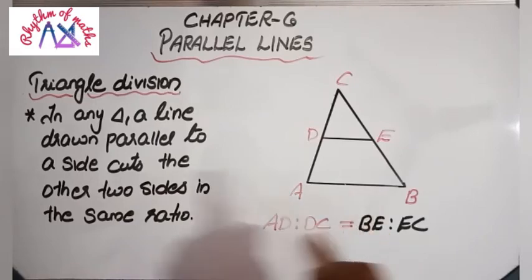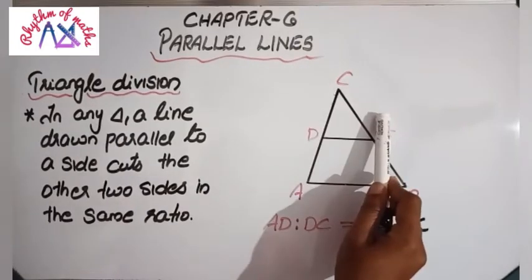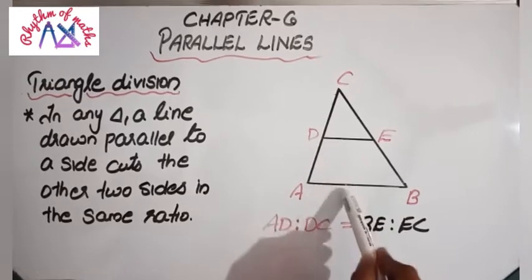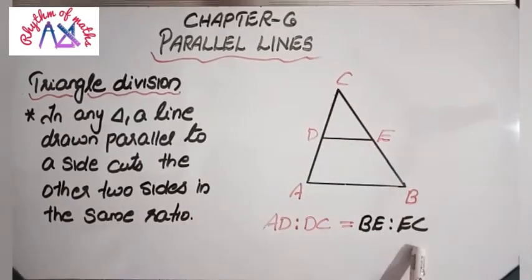That is the second one, just a reverse. That's why I am not writing. So both are correct. If these two sides are in the same ratio, then these two will be parallel. If these two sides are parallel, then these two sides will be in the same ratio. So this is the second concept.